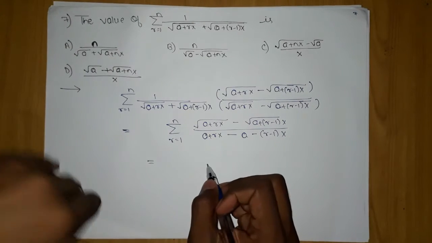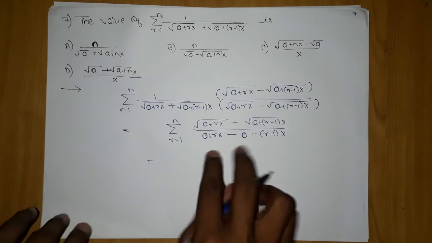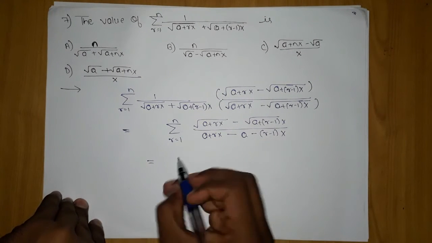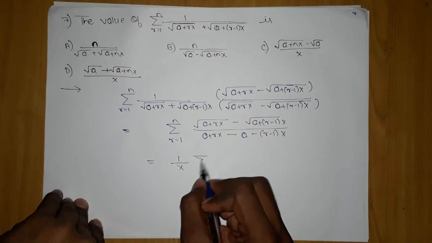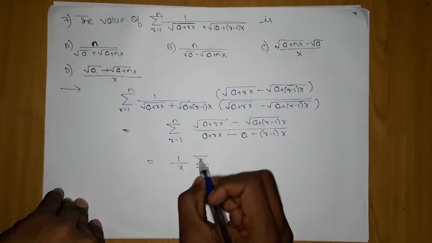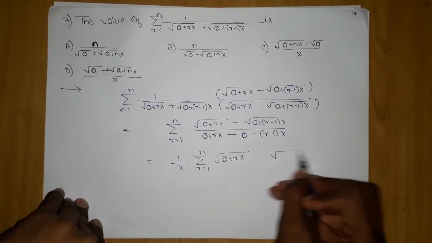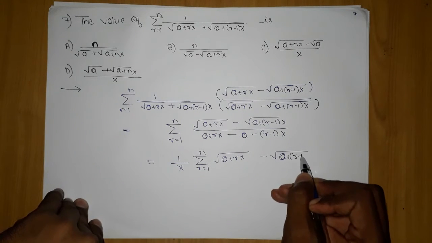From here you can clearly see that rx will cancel out, and finally x will be left. So I will take this x outside, giving me finally the sum from r equals 1 to n of under root a plus rx minus under root a plus r minus 1 x.